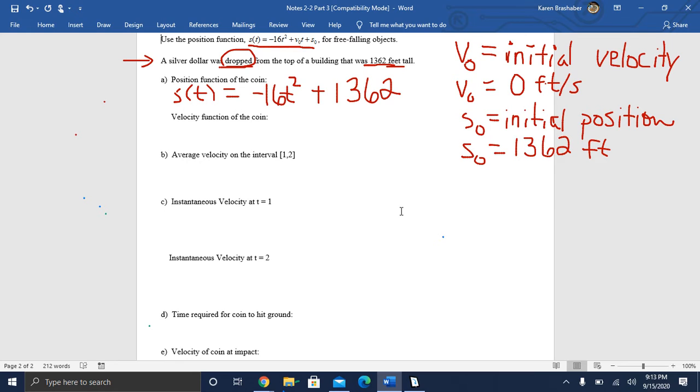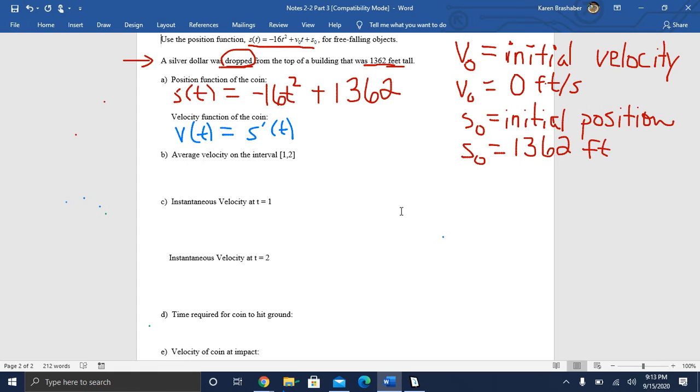So our position function is S of t equals negative 16t to the second plus 1,362. And then the velocity function, remember from the front, the velocity function, v of t, is nothing more than the derivative of the position function. So it's s prime of t.